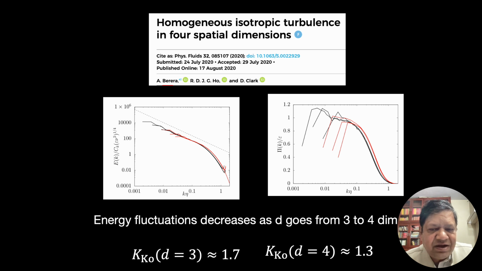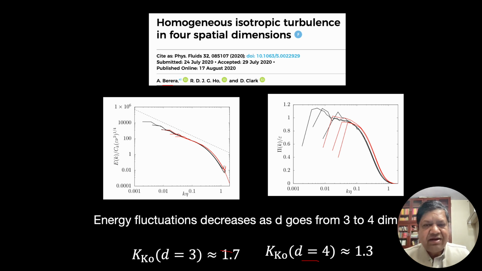They show that the Kolmogorov constant is 1.3 in 4D and 1.7 in 3D. Fluxes are also roughly equal. This is consistent with what I showed, that d equal to 3, 4, or 5, things are not changing significantly. But d equal to 2 is different.